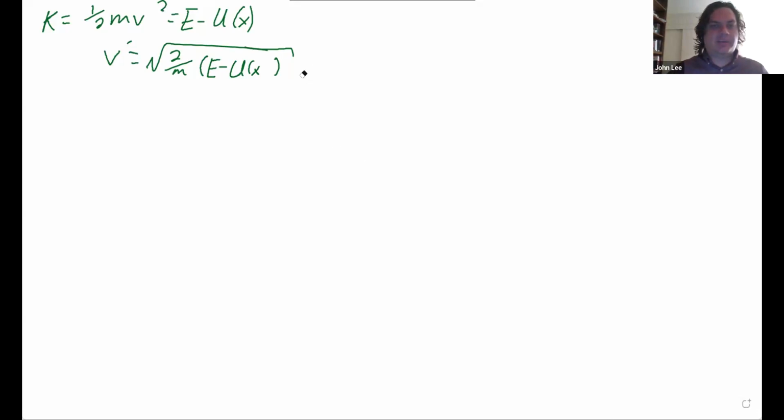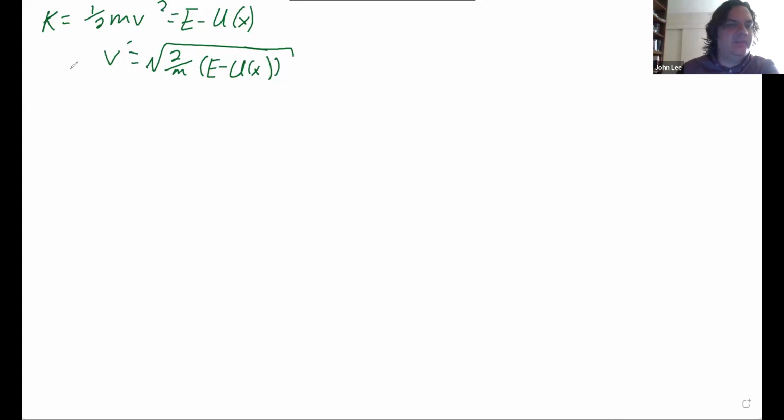Then that just told us the total energy minus the energy at U of X, or minus the energy at the bottom of the well. So this is the same form as that velocity that we just got. We're just making it into a more generalizable form.